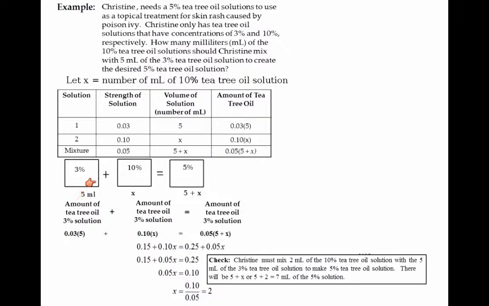So we have 3% times 5 milliliters plus 10% times X milliliters is equal to 5%. 5% of what? 5% of the combination of these two amounts, which is 5 milliliters plus X milliliters. So that's why we have 5 plus X.